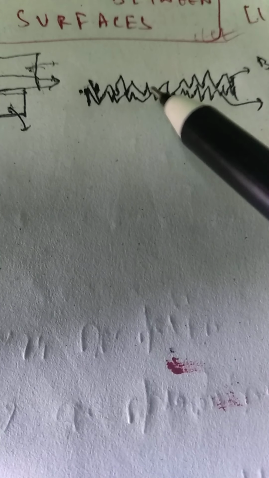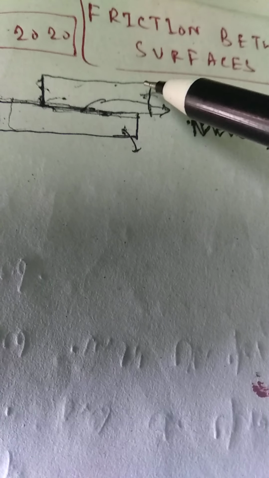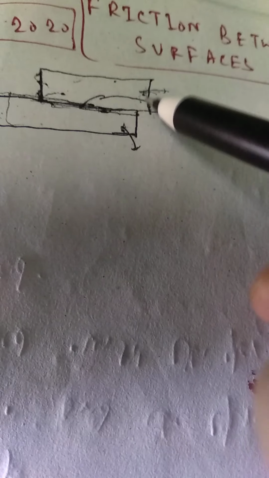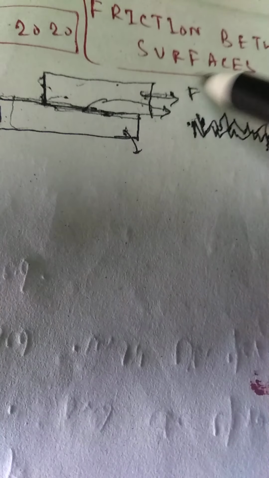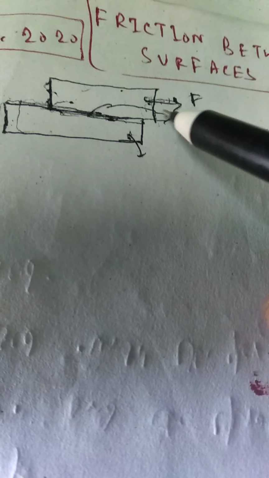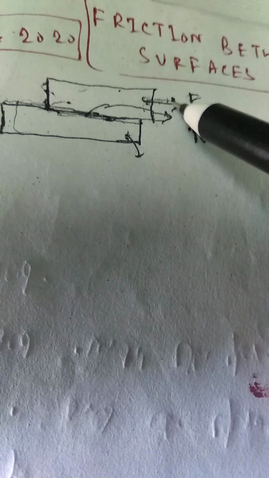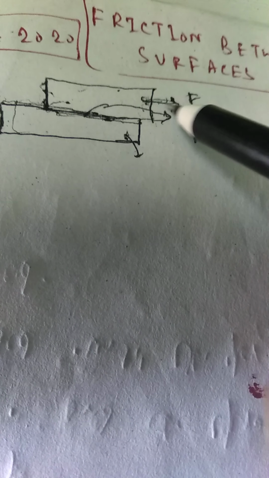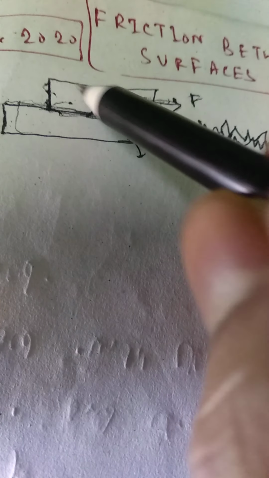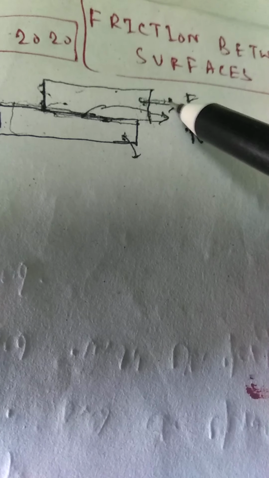This is not a problem as long as the two surfaces are static and do not move against each other. Now suppose we apply a force on the upper block in this direction, and the lower block is static, so the upper block will try to move in the direction of the force.